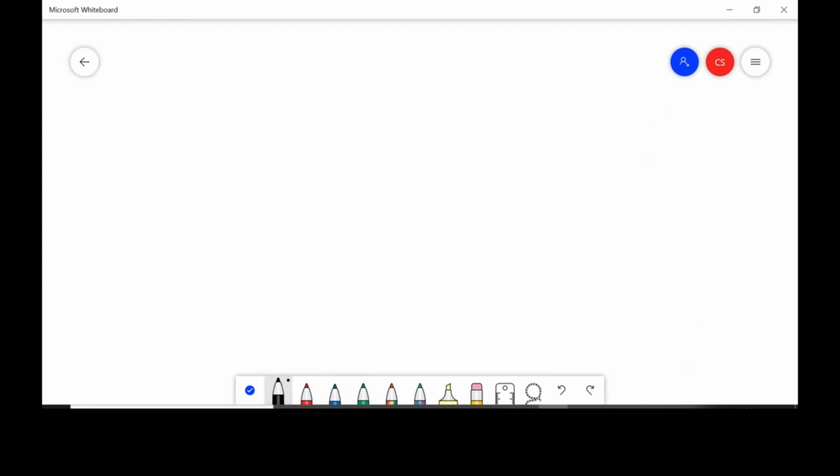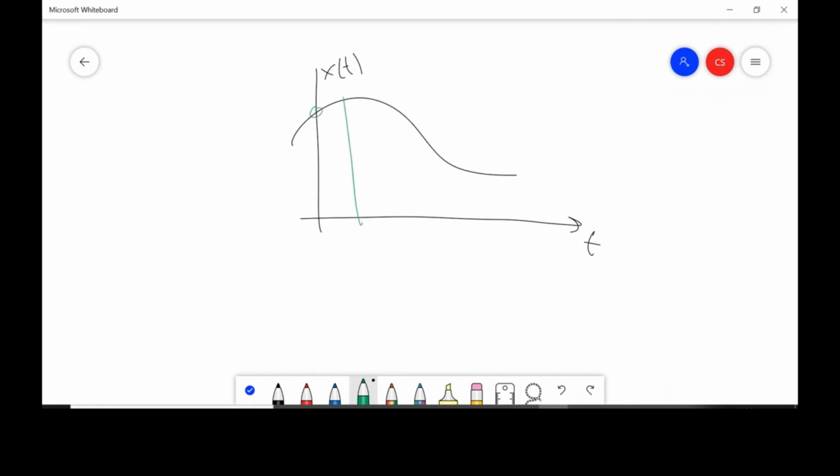Okay, so let's define this concept of interpolation. Let's say that we have a continuous signal of time, something like this, but you have some samples. So you have these samples here. This is x of n, and then you have the axis n: 0, 1, 2, 3.